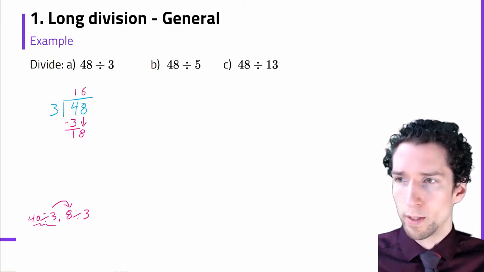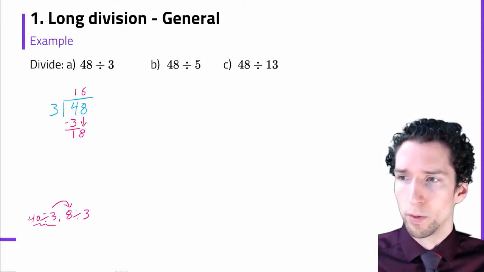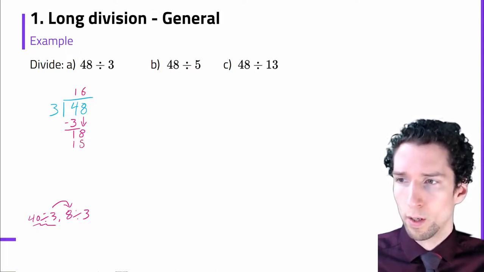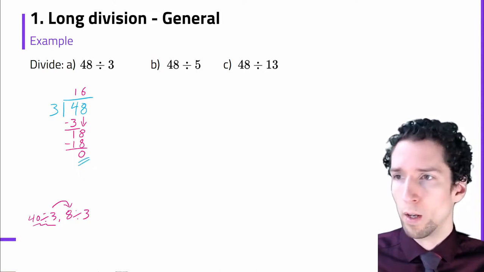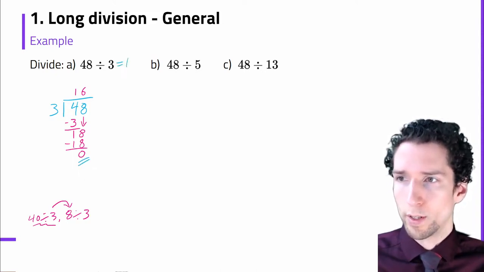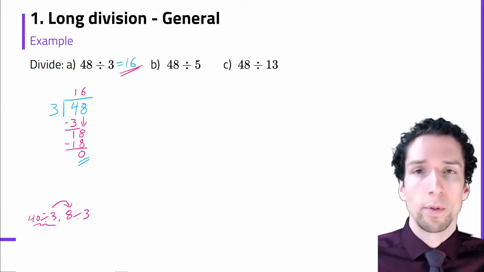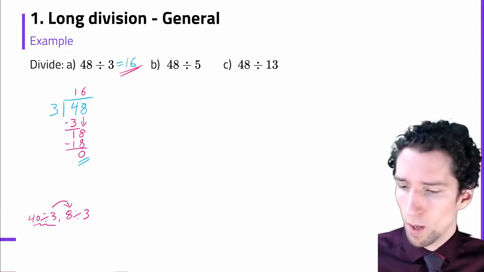It turns out that is 6 times. So 3 times 6 is 18, it goes in very cleanly. The result is 0, there's nothing left over. So we're done, and our result here is just 16. That one divided in cleanly.